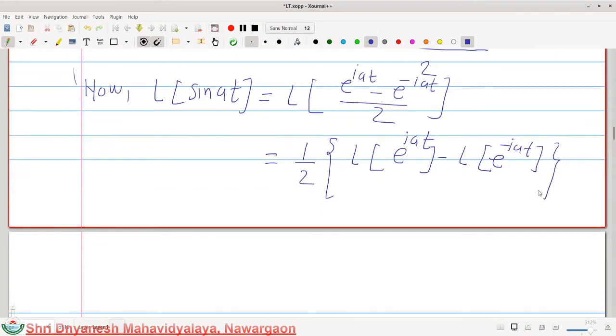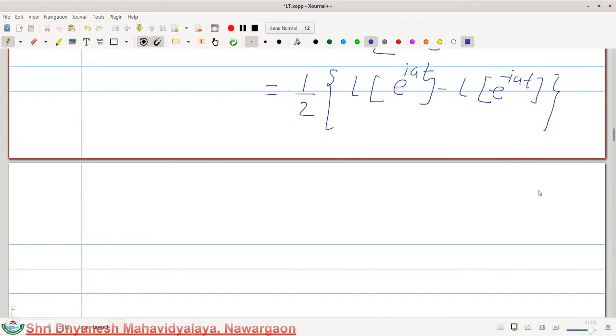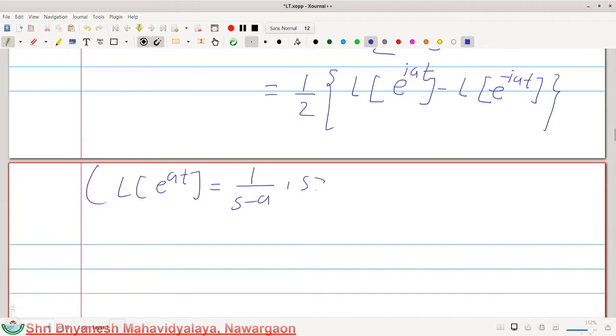Okay, so as we have already seen the formula for the Laplace transform of the exponential function, and what was that? Laplace transform of e to the power at was 1 upon s minus a when s is greater than a. Okay, we will use this formula here.